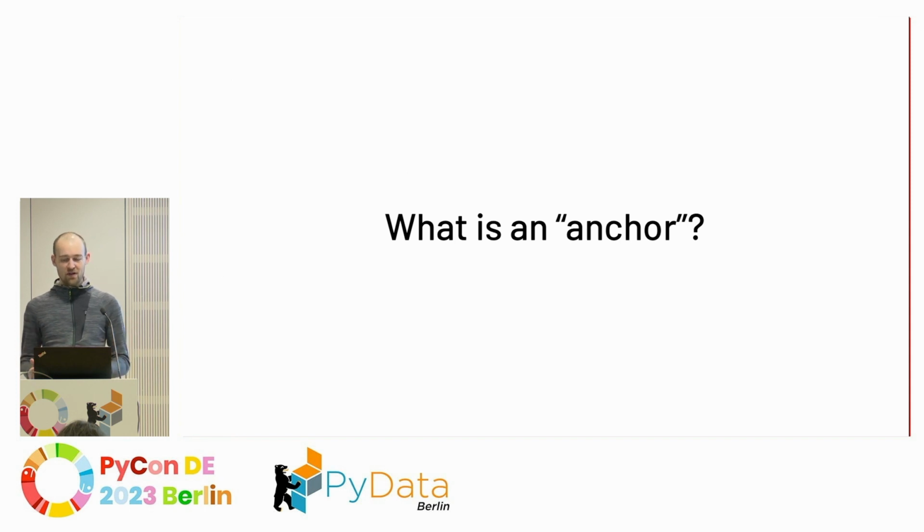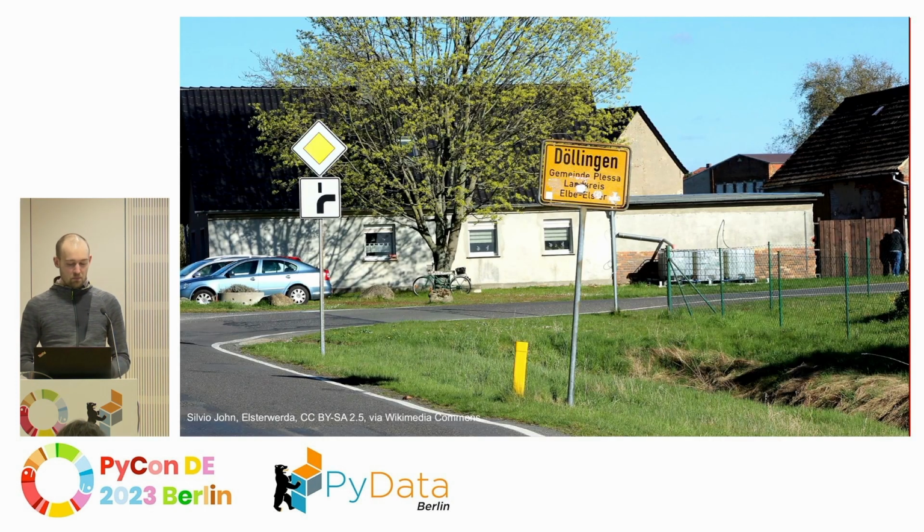What is an anchor? If you look at this picture and you try to figure out in which country this picture was taken, if you just look at this, most of you will immediately know or guess that this is a picture from Germany. And then if you wonder how do you know that? How did you figure this out? I mean, there are a lot of things you can look at, right?